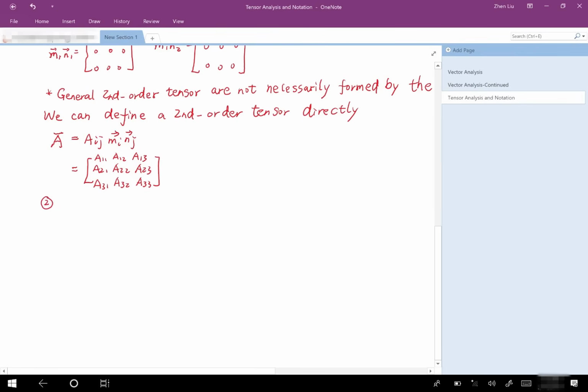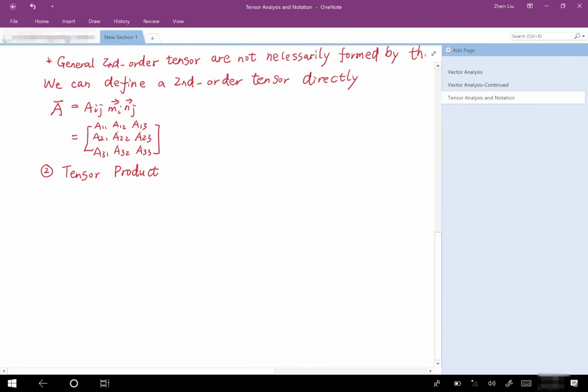Second, let's move from the definition of tensors to the basic operation. We talk about a lot of basic operations for vectors, but for tensors, there's one extra operator that we need to know about. That is tensor products. Actually, I've already given one example of a tensor product.